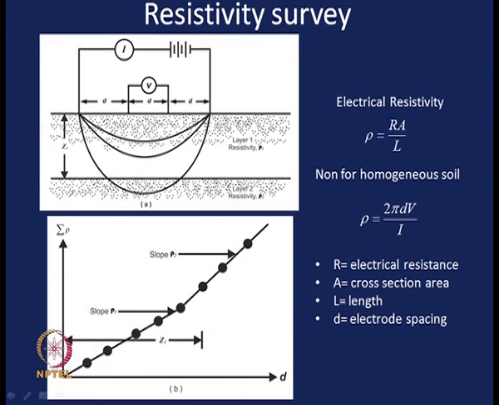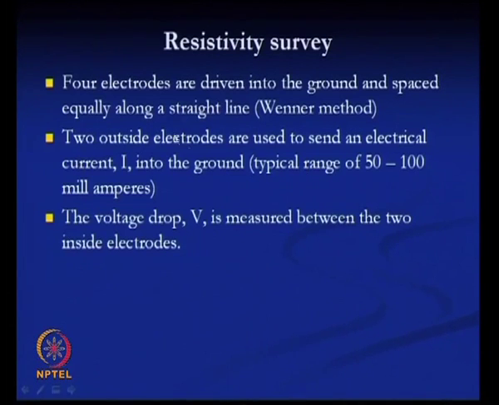So, these 4 electrodes are driven in the soil, and then the 2 outside electrodes are used to send the electrical current I into the ground. A typical range of this current is 50 to 100 milliamperes.